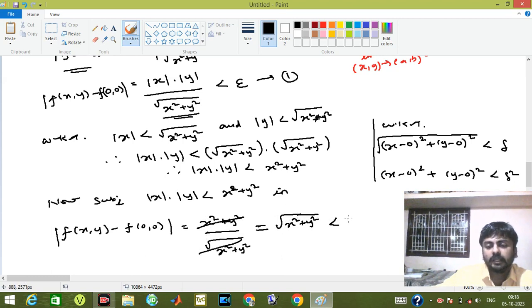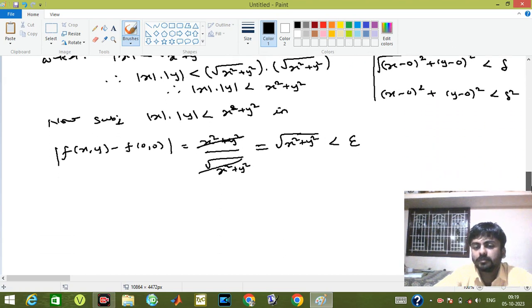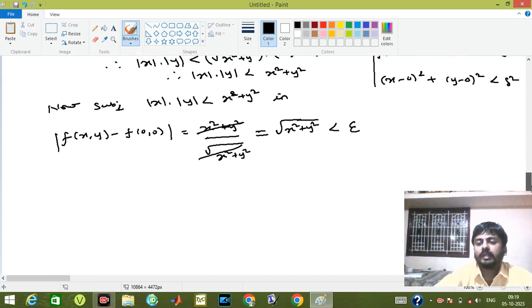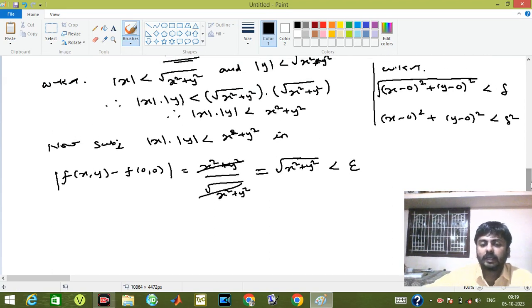Okay, that is less than epsilon, since you are having less than epsilon. Now dear students, you know that the square root of x square plus y square is delta.